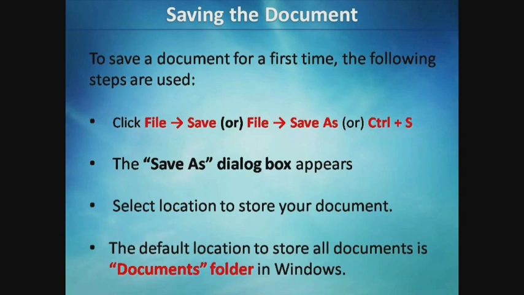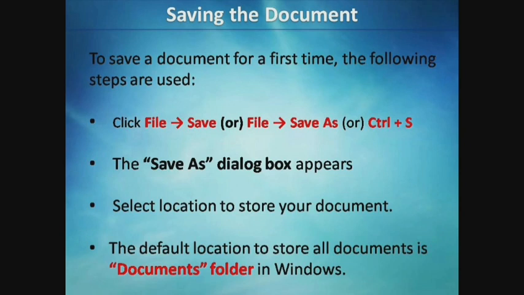When we save a document for the first time, we should give the file name in a save as dialog box. After selecting save option from the file menu, a save as dialog box will be opened. In the dialog box, we have to select the location where we want to save our document.